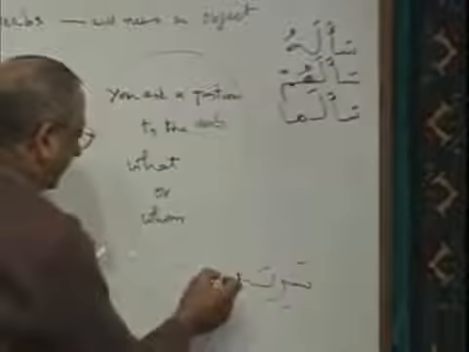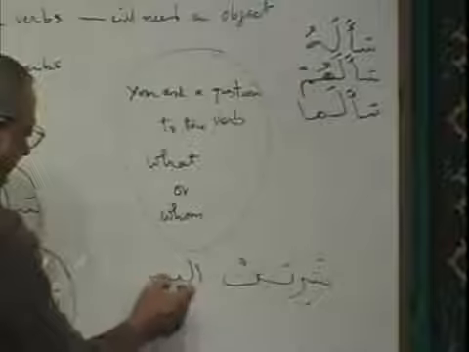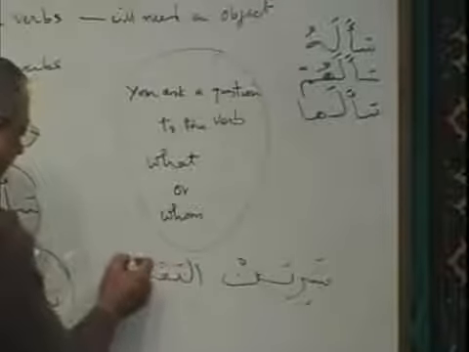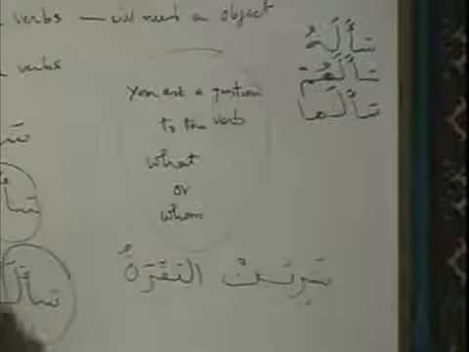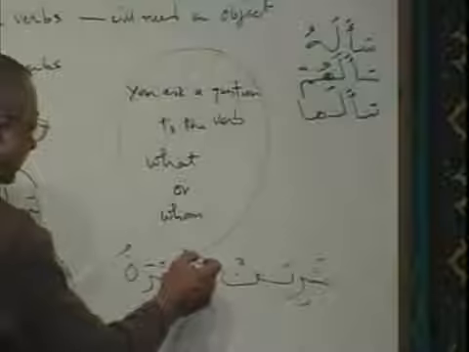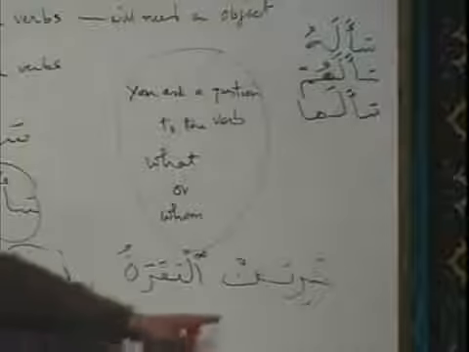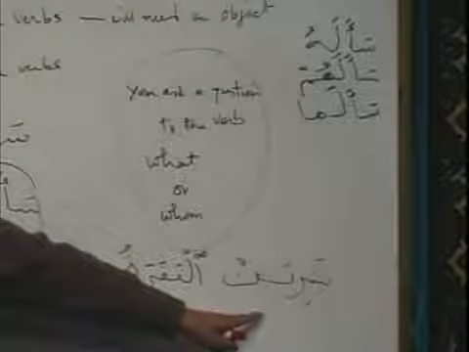Sharibat, and then al-bakaratu. Are you with me? Sharibat al-bakaratu. Now because this is hamzatul wasl, I cannot pronounce it, because there is a word in front of it.